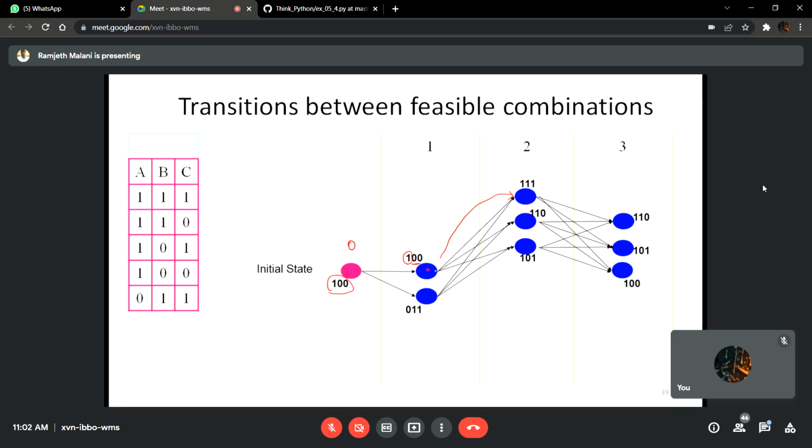On the other hand, from this state, you could have turned on the second generator. The first generator was already running, the second generator you can turn on to move from this state to this state.